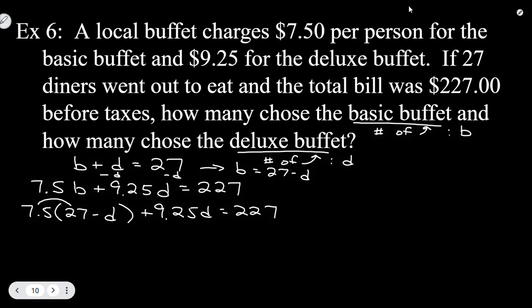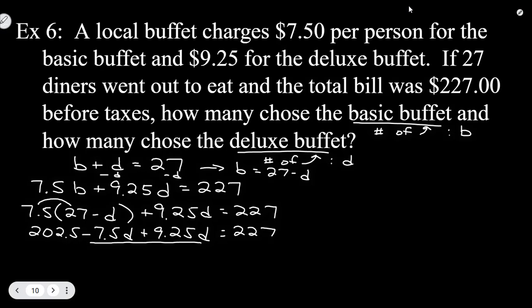Oh yeah, I gave it to somebody to use during the test, and it's right here. 202.5. Minus 7.5D plus 9.25D equals 227.